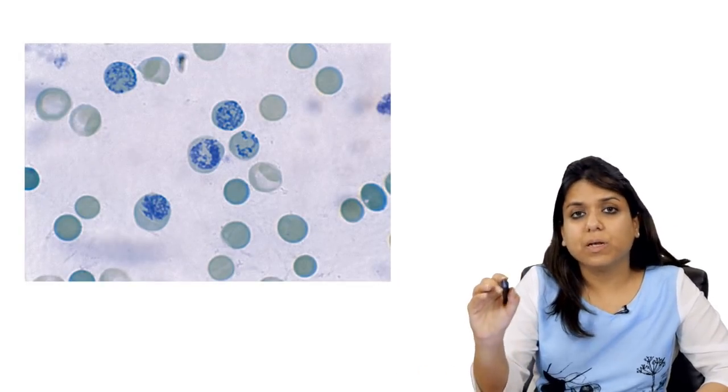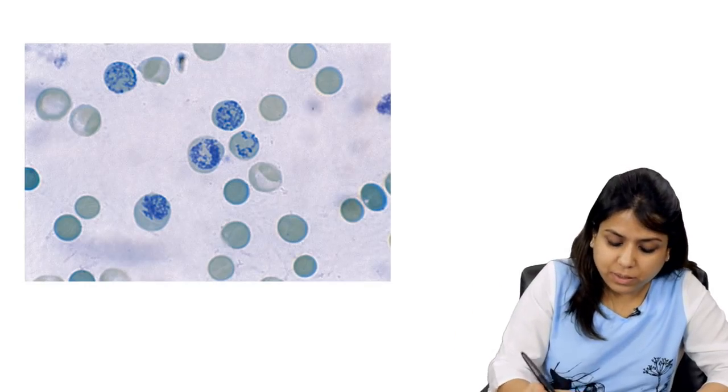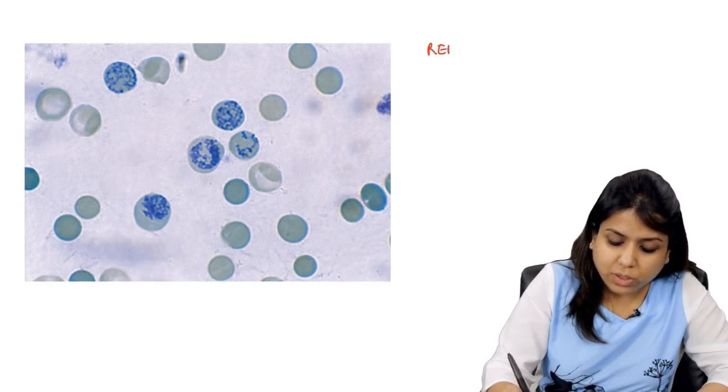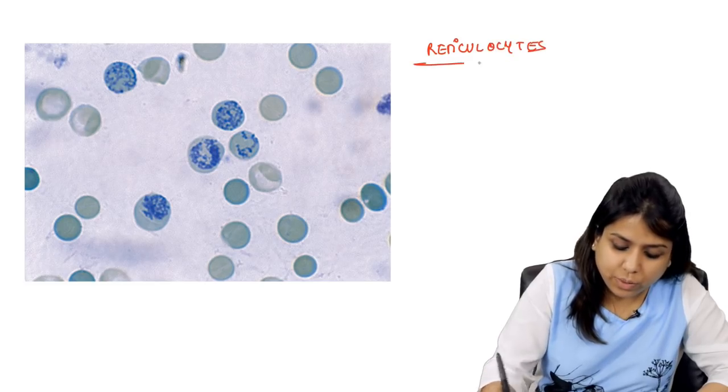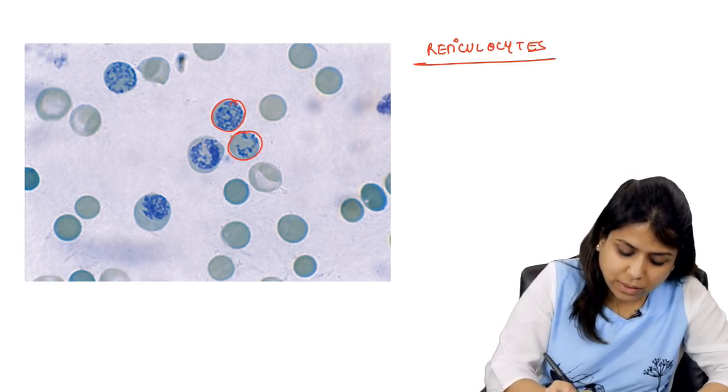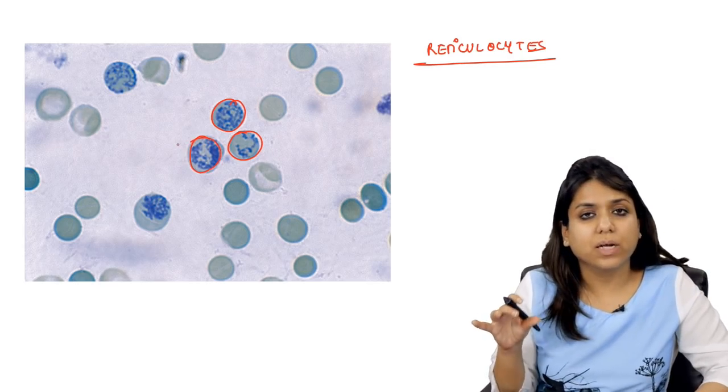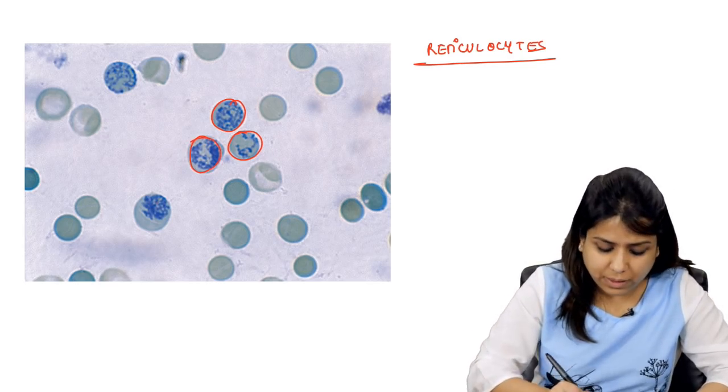Next, an extremely important image that can be asked in the exams. This is something which is called reticulocytes. These reticulocytes are precursors of RBCs.